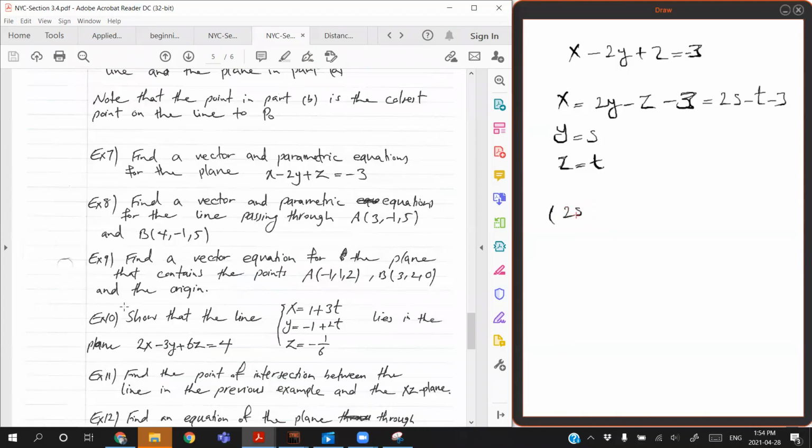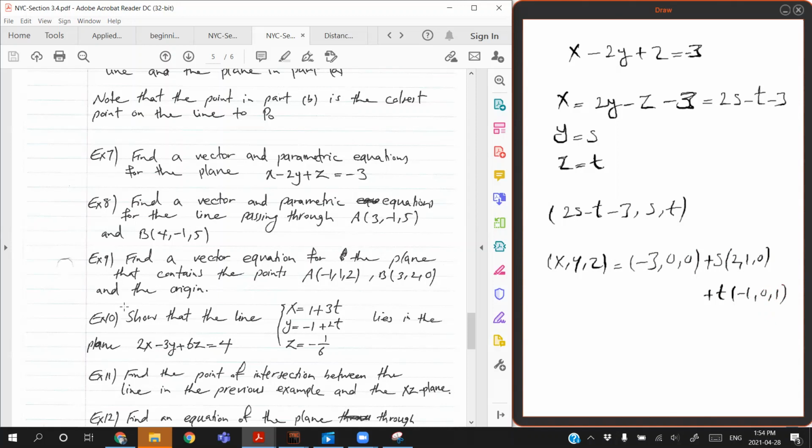I get x equals 2s minus t minus 3, y equals s, z equals t, which I can also write, if I need the vector equation, as x, y, z equals negative 3, 0, 0 plus s times 2, 1, 0 plus t times negative 1, 0, 1.